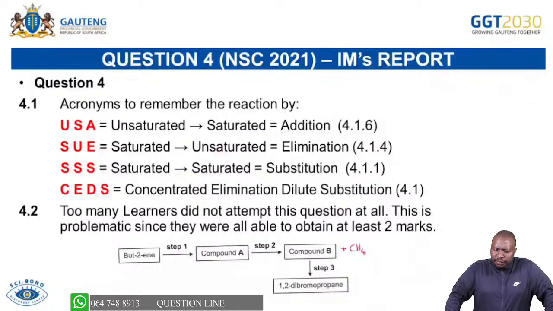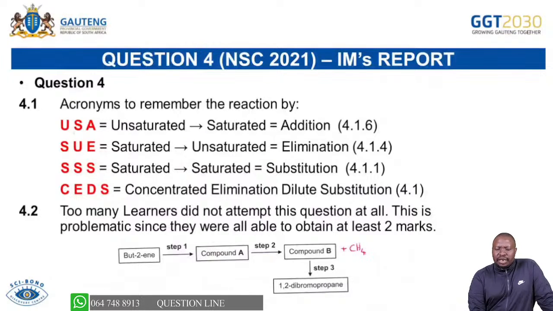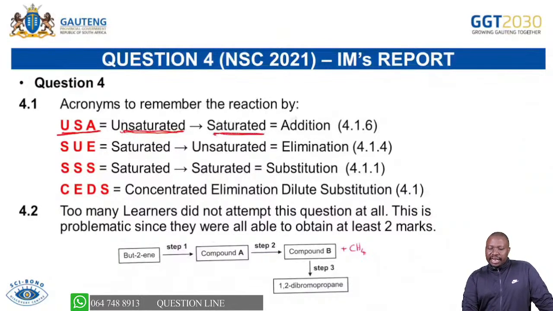Now let's go to question 4, which is your reactions. We are saying reactions of organic molecules. Please learn this strategy, as you can see from our internal moderators' report. USA, not a country. When you are having an unsaturated hydrocarbon becoming saturated, the reaction is called addition.